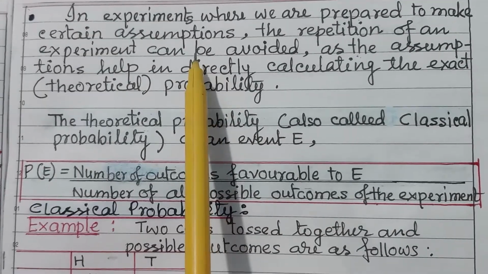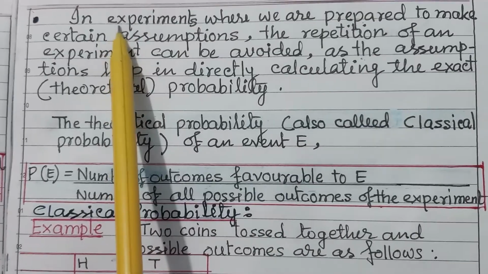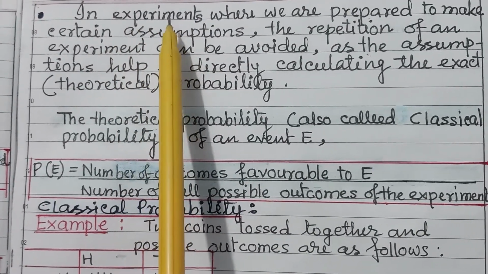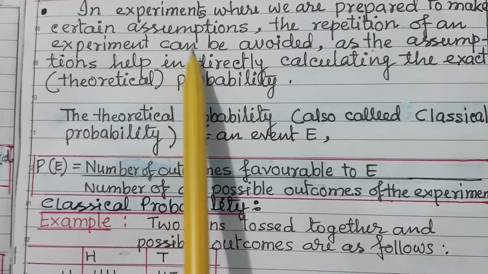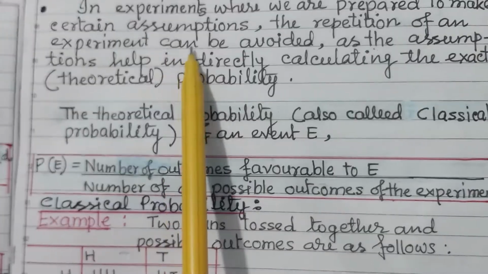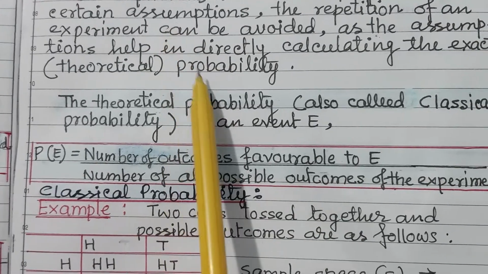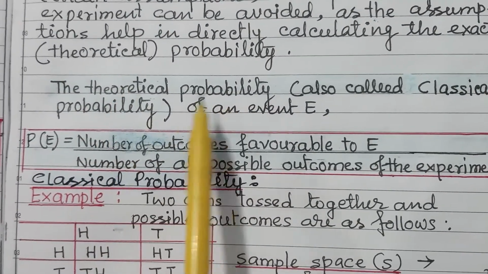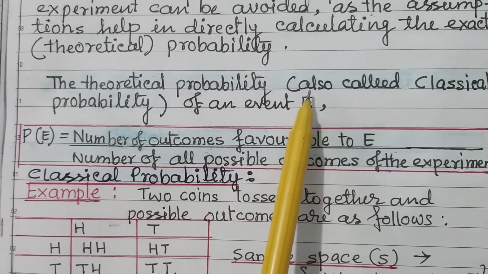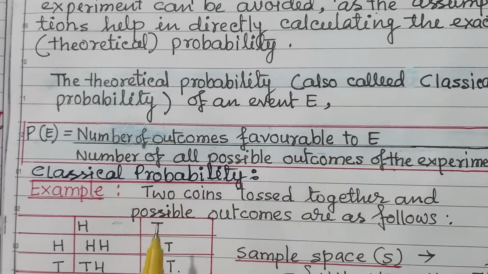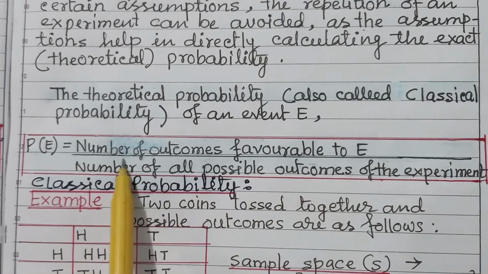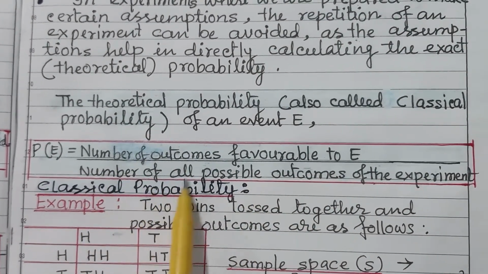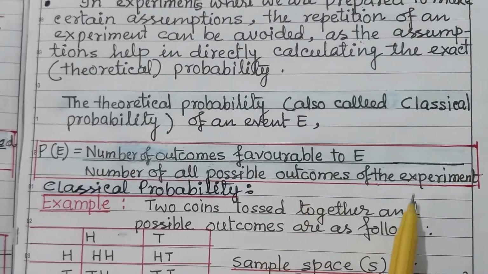Suppose we have to do the experiment 100 times; sometimes that is not possible. Then by calculation we can directly find the probability. That is called the theoretical probability, also called the classical probability of an event E: the number of outcomes favorable to E divided by the total number of possible outcomes of the experiment.